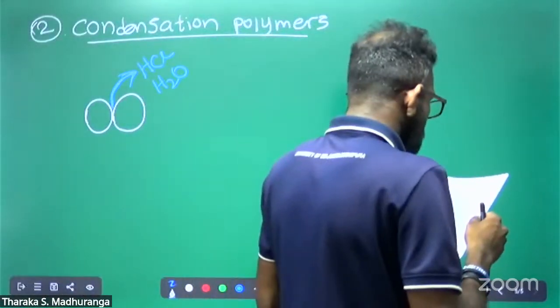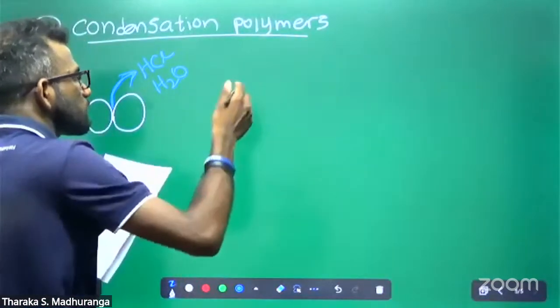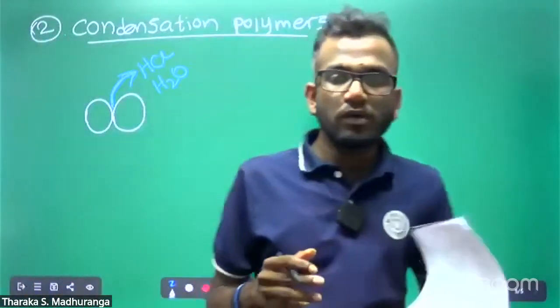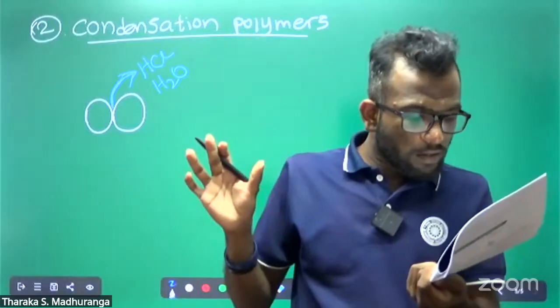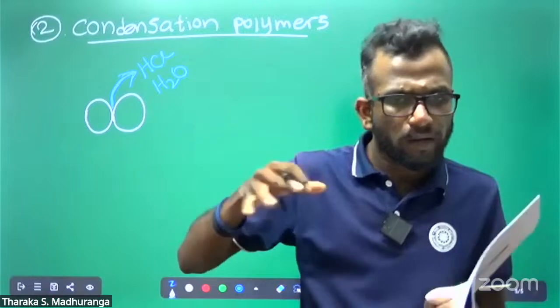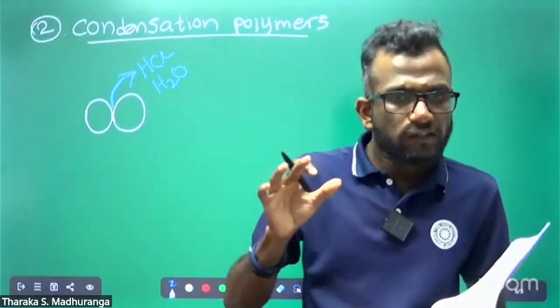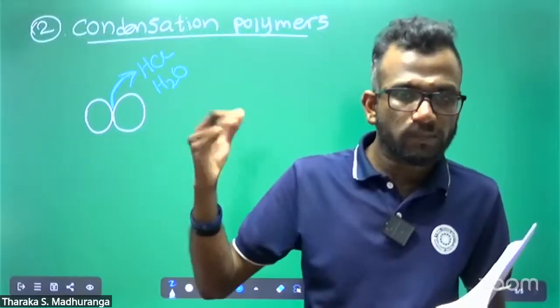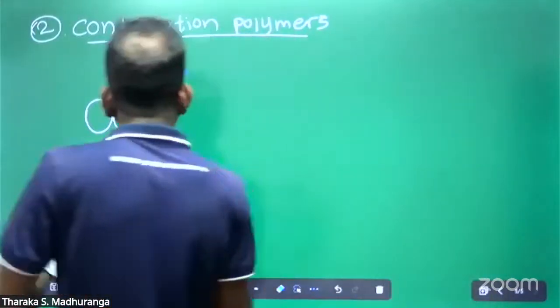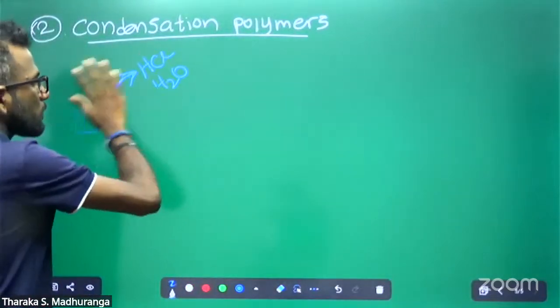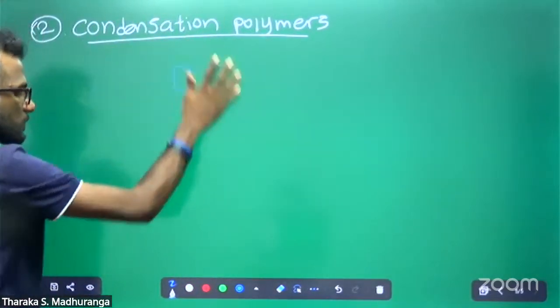Initiators, in addition polymers, I told you, are cations and free radicals. They help this polymerization. But in this process, some byproduct is produced by an elimination process. Therefore, we don't need any initiators.